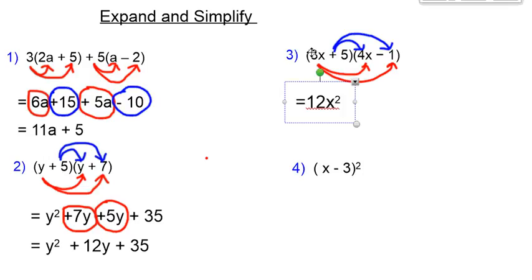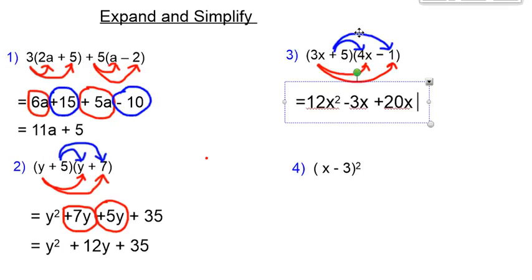Now we do the second arrow. 3 times minus. Don't forget to consider the sign to the left of the term. Okay, so 3x times minus 1 will give you minus 3x. Now we do the top arrows. 5 times 4x will give you plus 20x.